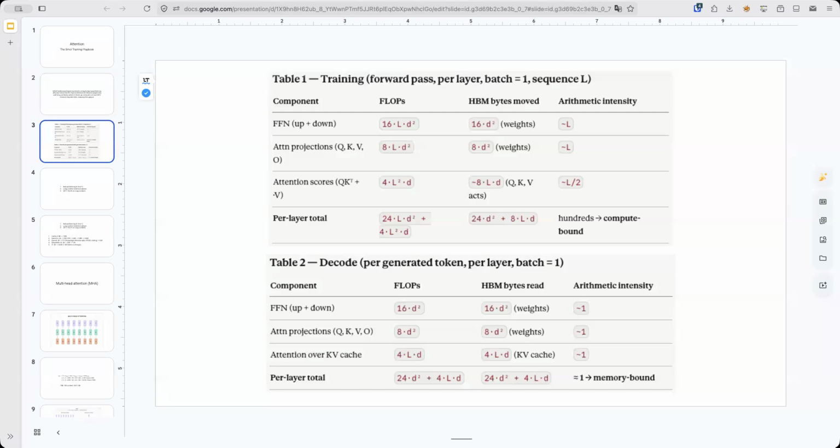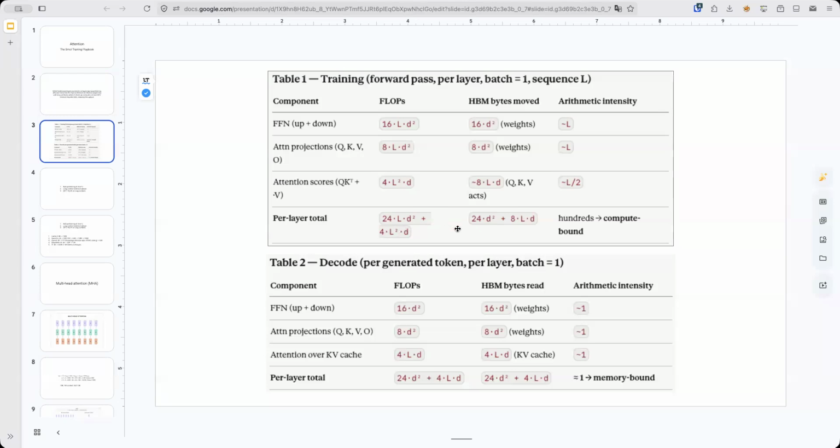And we can see that in the per-layer total number of flops compared to bytes moved from memory, in and out, the flops are bigger because the first term is multiplied by L and the second term is multiplied by L as well, which makes it L squared.